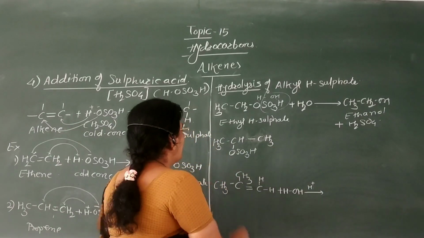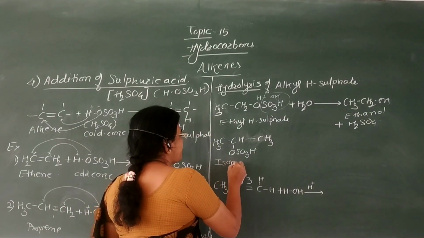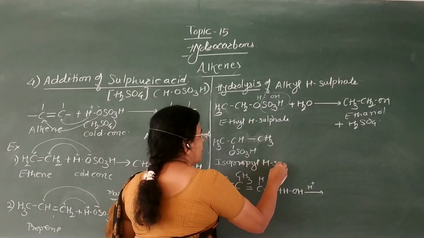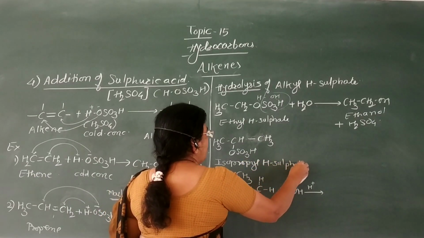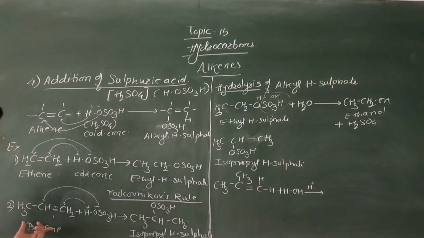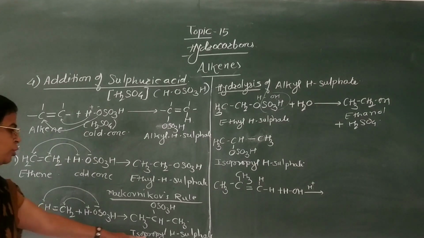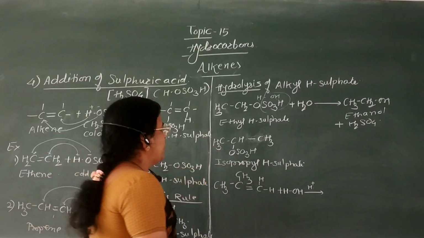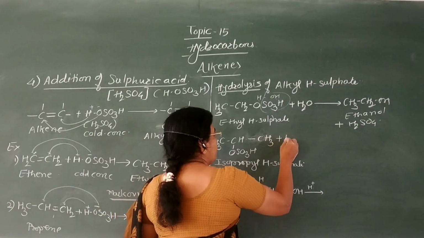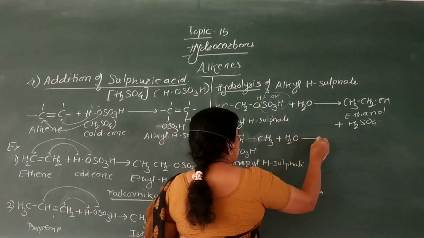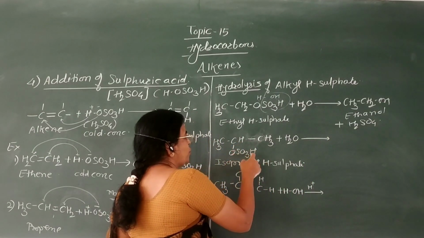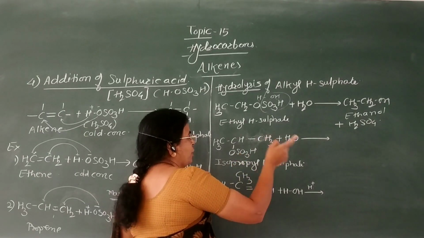Now this is isopropyl hydrogen sulfate. This isopropyl hydrogen sulfate is obtained when propene is treated with cold and concentrated H2SO4. Now when this isopropyl hydrogen sulfate is treated with water, when hydrolysis is carried out, then the OSO3H group is converted into OH group and we will get H2SO4.